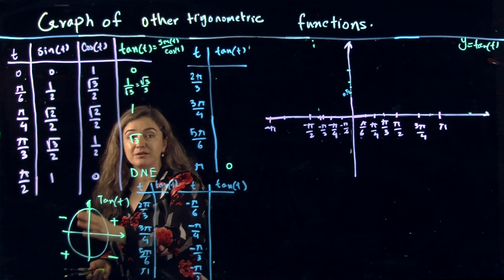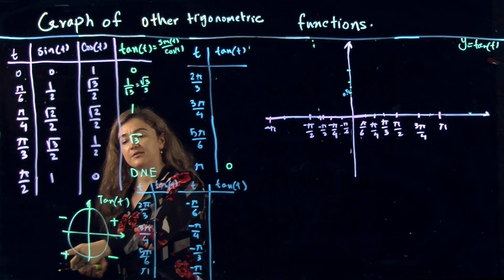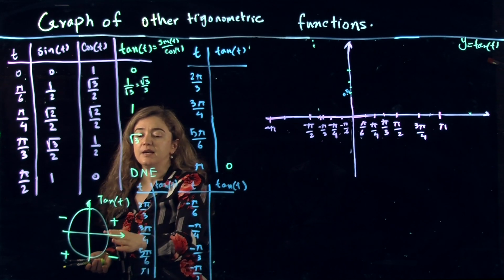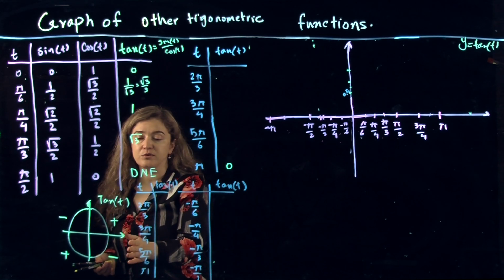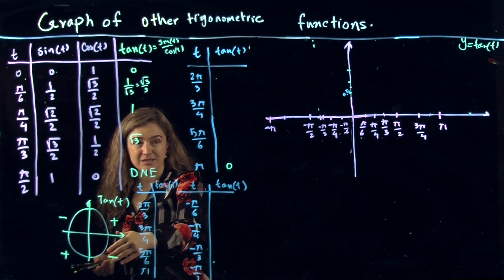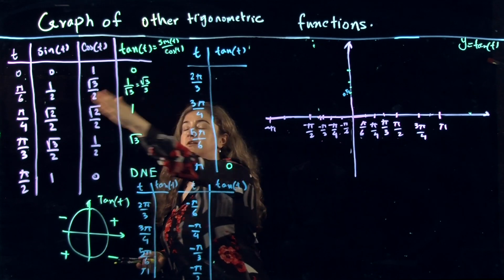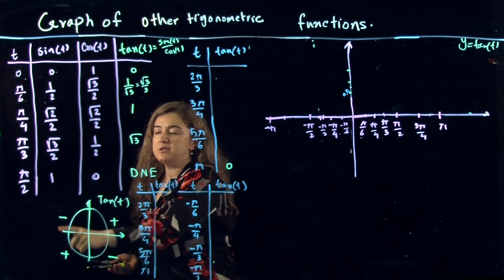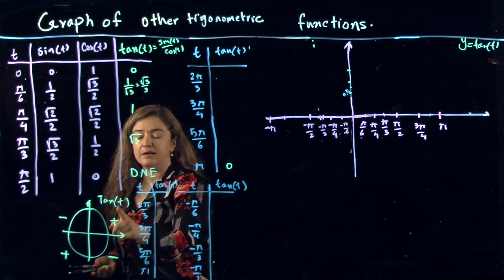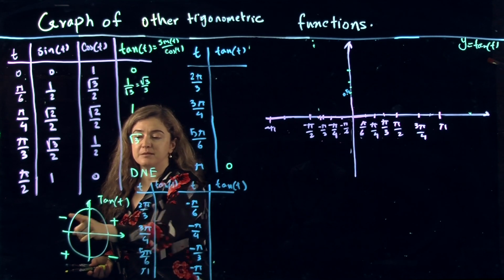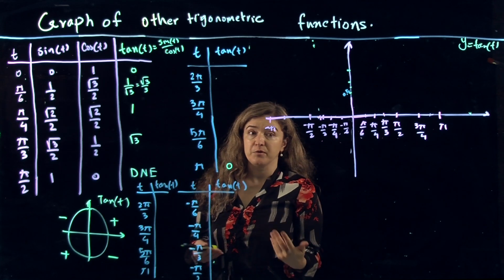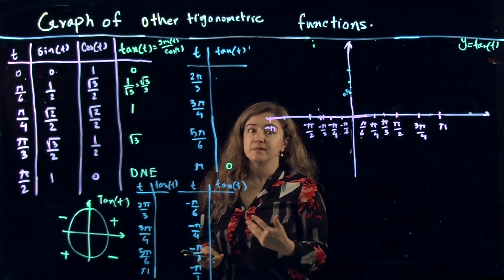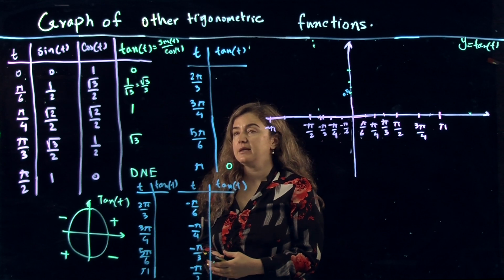In the third quadrant, both sine and cosine are negative, therefore positive. In the fourth quadrant, sine is negative, cosine is positive, so the value is negative. So when you're using the reference table, just use the signs, plus minus, rather than what we used to use before, which was depending on sine or cosine.